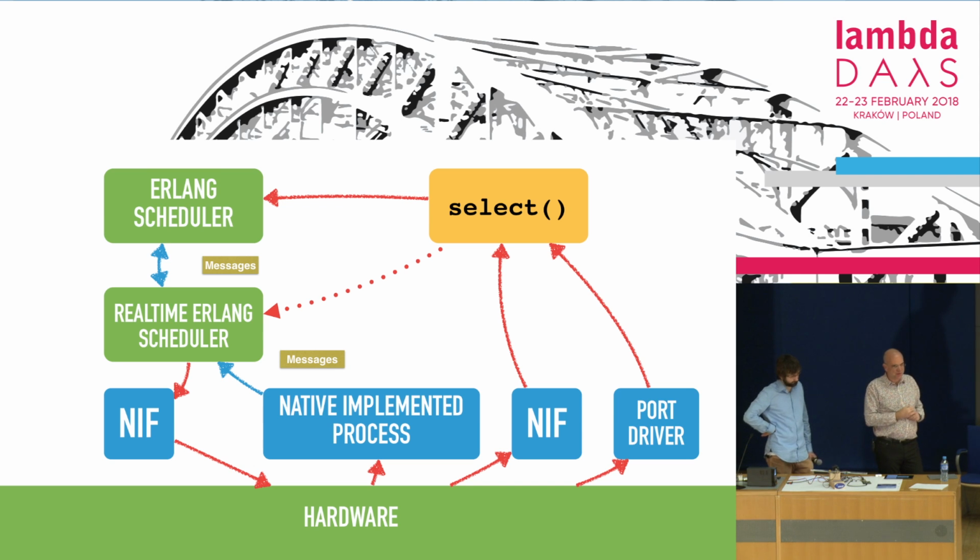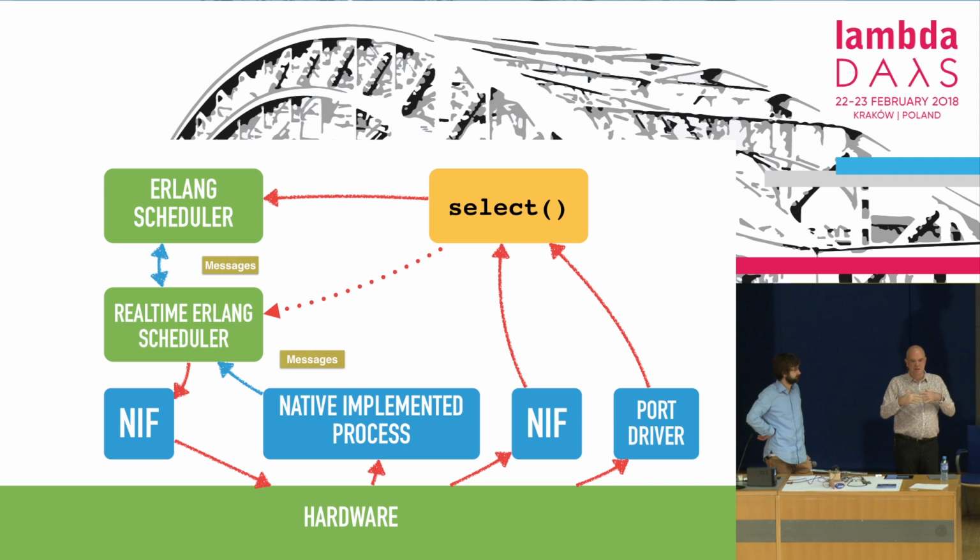So if you wait for something, the traditional way, like asynchronous I/O, is basically to wait for I/O or an event to happen. The traditional way was using a port driver for this, which then goes through the operating system select call, which is basically the way the Erlang VM, there are other calls, but this is the basic one, and the one we use in AtomVM, to wait for multiple things to happen on multiple file descriptors.